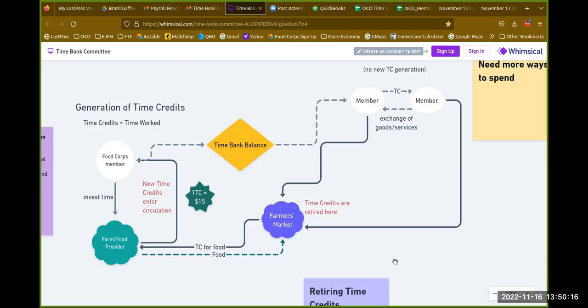There has to be real value backing a time credit, in the same way that people have to have confidence that their dollar is worth something in the real world. Otherwise, the dollar is just a piece of paper or a piece of plastic, right? So I want to be protective about maintaining the integrity of the time credit and the real world value that it represents.